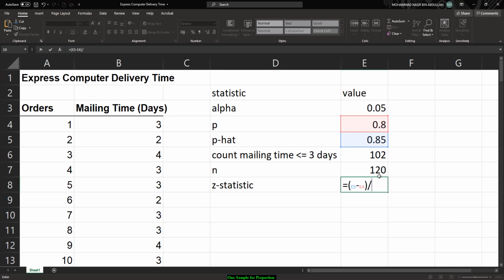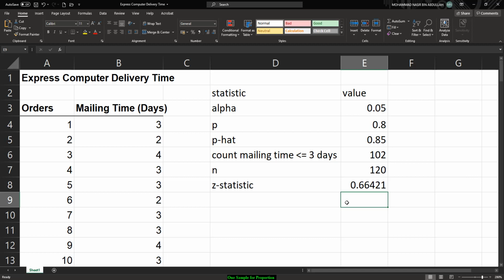So square root, SQRT, P multiplied by P hat divided by our n here, right? Since n is also included in the square root, we need to put an extra bracket here, and this one is going to be 0.66.